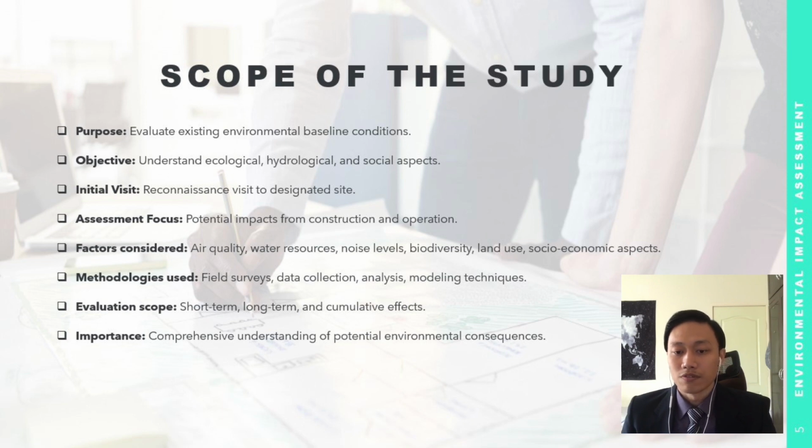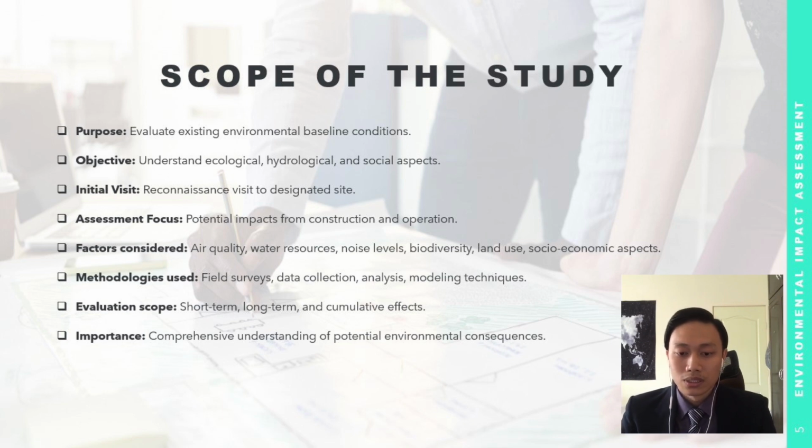The next one is factors and methodologies used in EIA. EIA considers various factors including air quality, water resources, noise level, biodiversity, land use, and socio-economic aspects. Field surveys and data collection, analysis, and modeling techniques are employed as methodologies to gather and assess information.